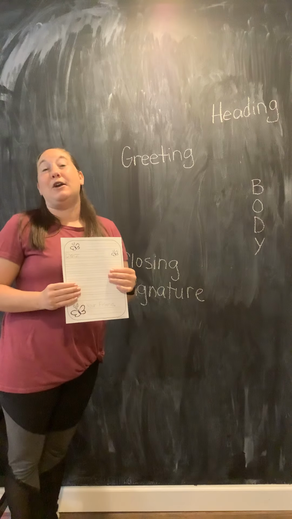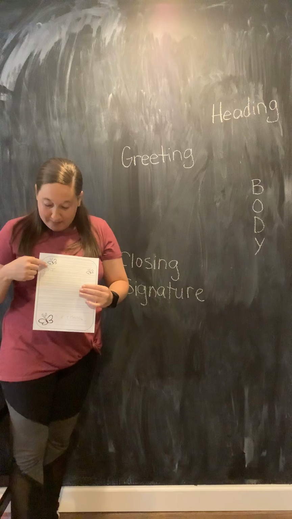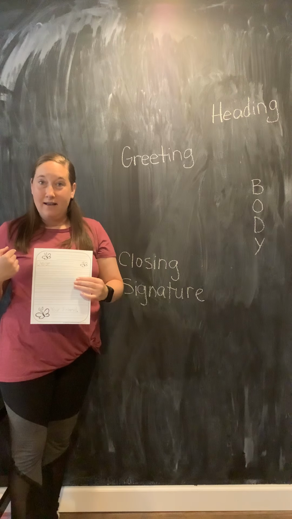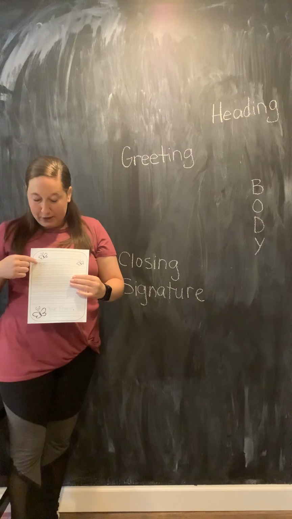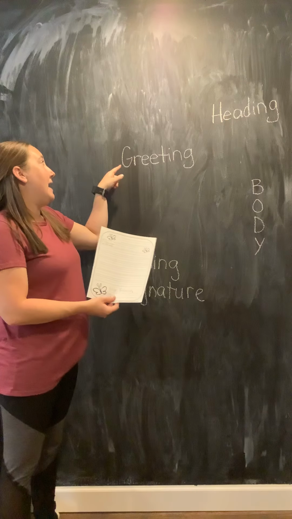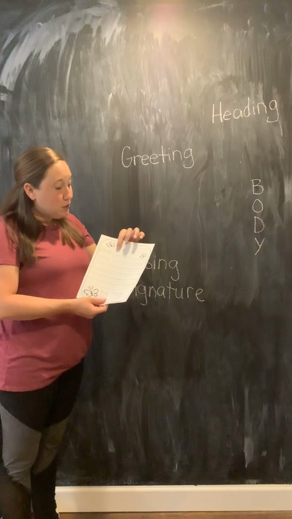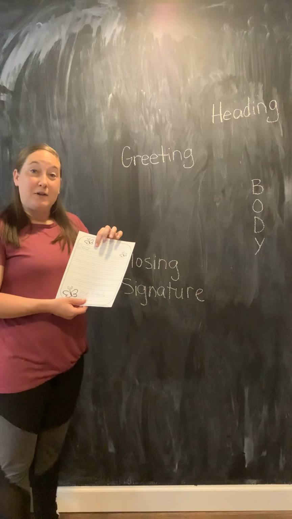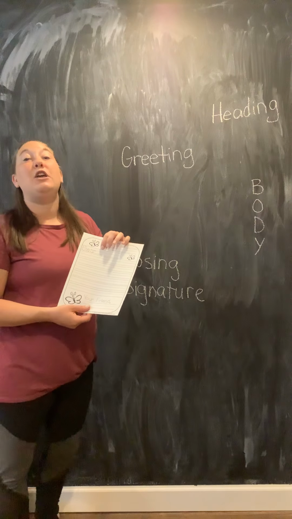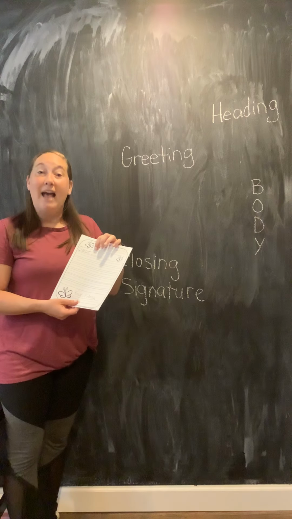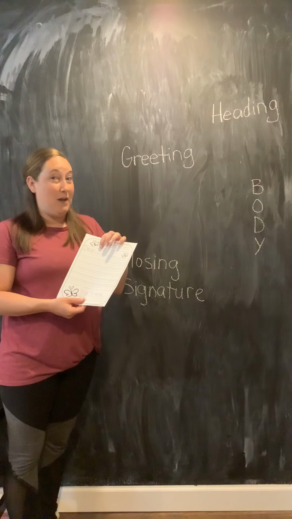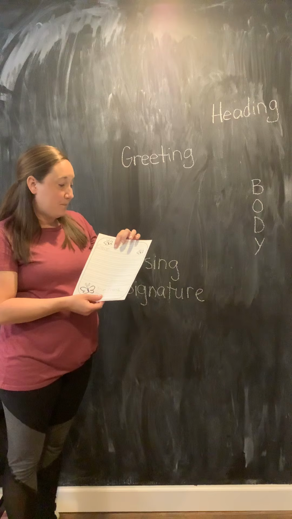If you're writing your letter to grandma, then your greeting would be Dear Grandma. So whoever you are writing your letter to, that is the second part of a letter, and that's called the greeting. Make sure when you write the name of the person that you're mailing your letter to, that you use a capital letter at the beginning of their name. We always start names with a capital.